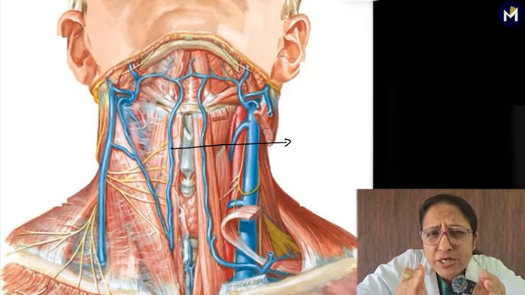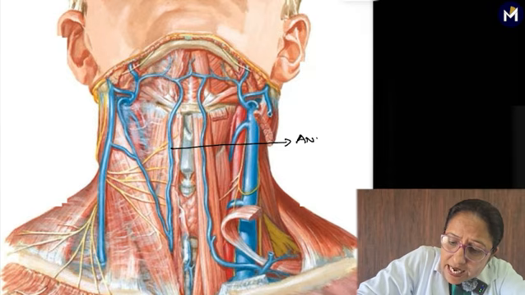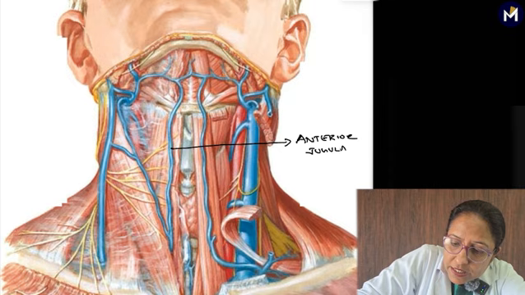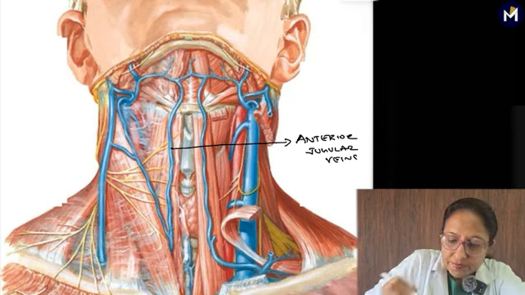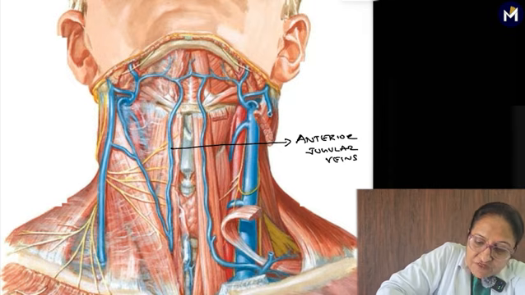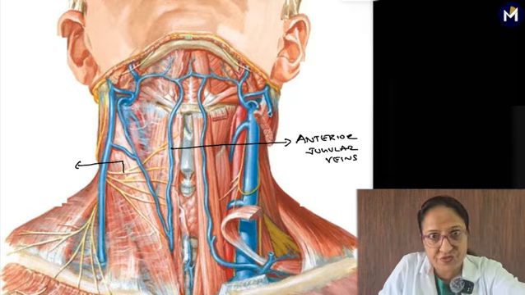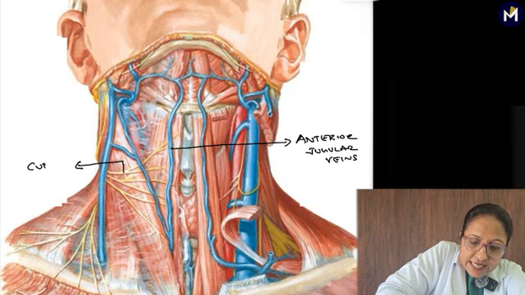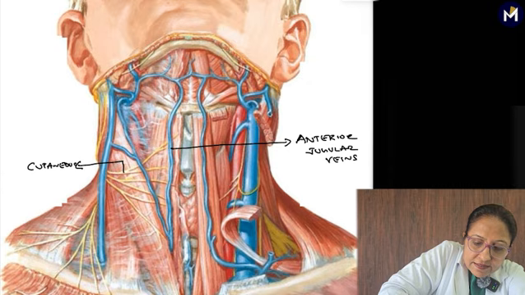They are slightly on either side of the midline. These are anterior jugular veins. Also in the superficial fascia, we have these nerves. These are cutaneous nerves. So superficial fascia contains platysma, anterior jugular veins, cutaneous nerves, and also lot of fat.